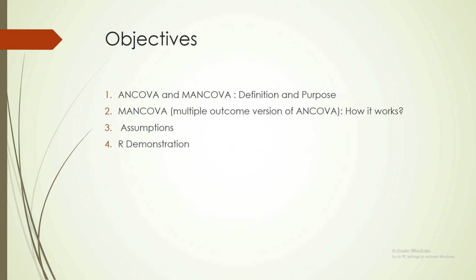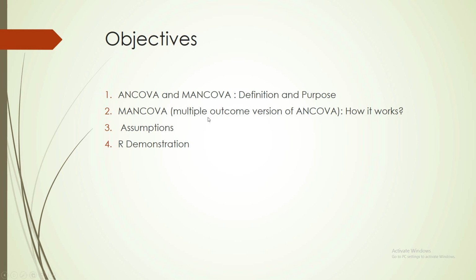So for this video, we will first look at the definition of ANCOVA and MANCOVA. Just like ANOVA and MANOVA, MANCOVA is the multivariate equivalent of the ANCOVA. Then I will explain the idea of the MANCOVA and how it works.